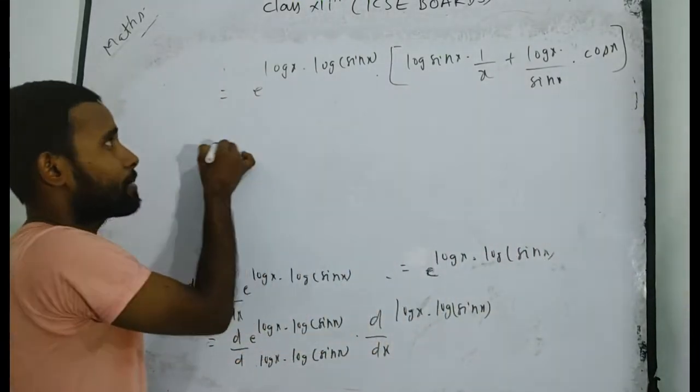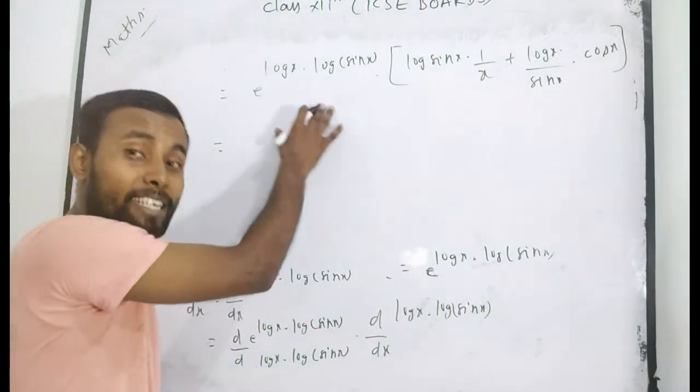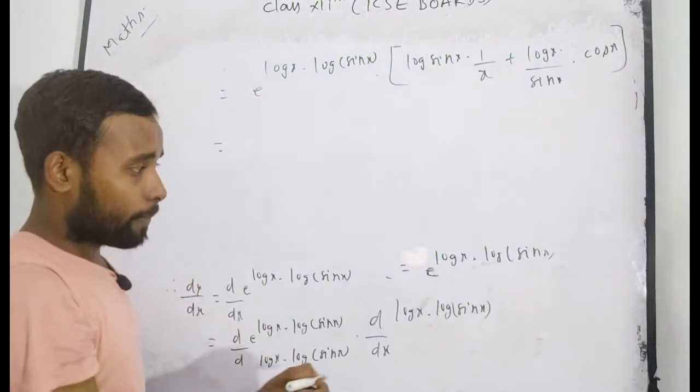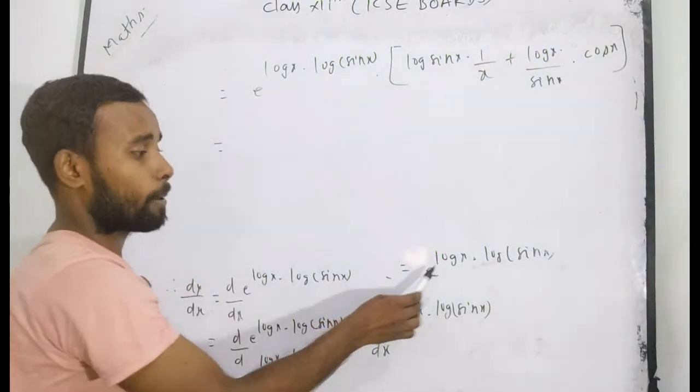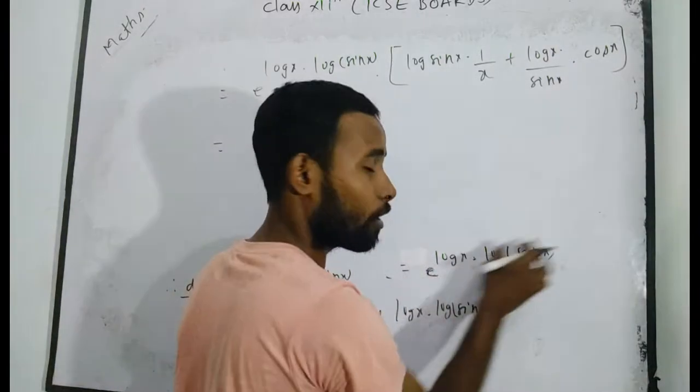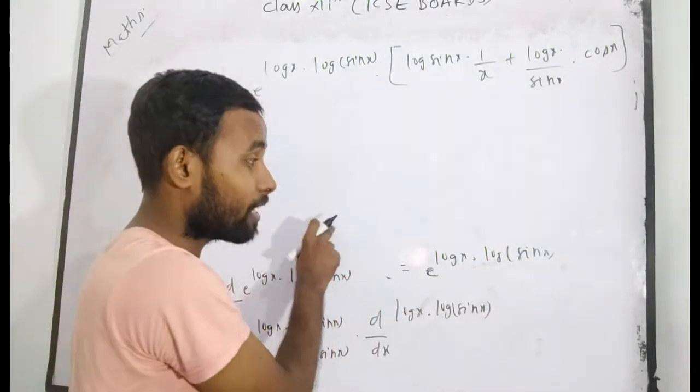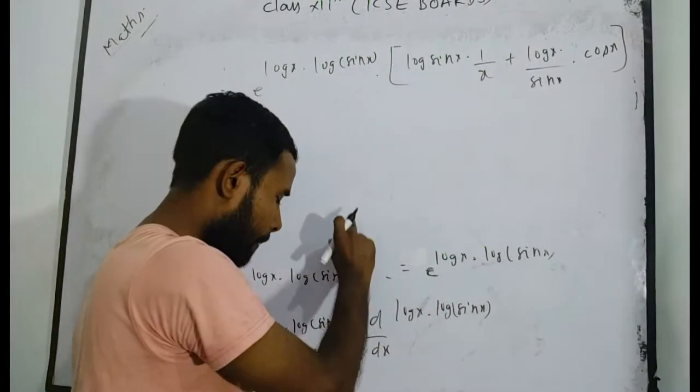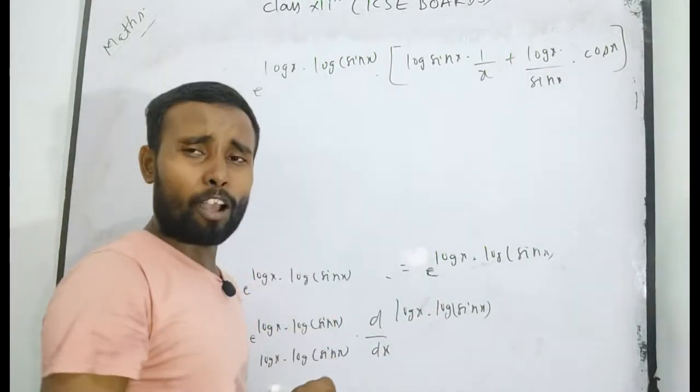Now, what is this in the actual question? This e to the power log x into log sin x is e to the power log of sin x to the power log x. This is the actual expression, sin x to the power log x.